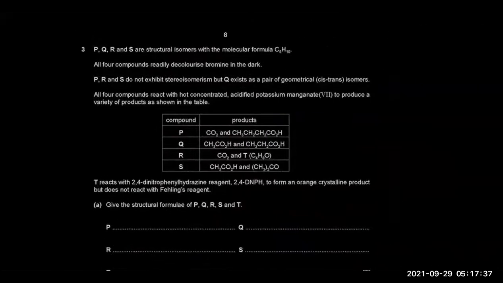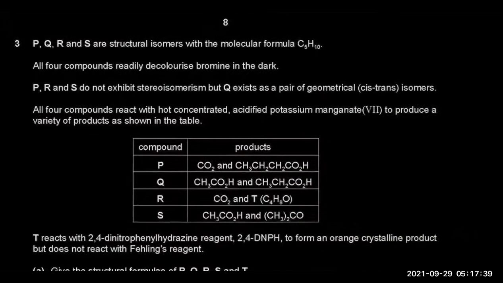This one. P, Q, R, and S are structural isomers with the molecular formula C5H10. They all decolorize bromine in the dark. So they're all what? Alkenes. P, R, and S do not exhibit stereoisomerism, but Q exists as a pair of cis-trans isomers.